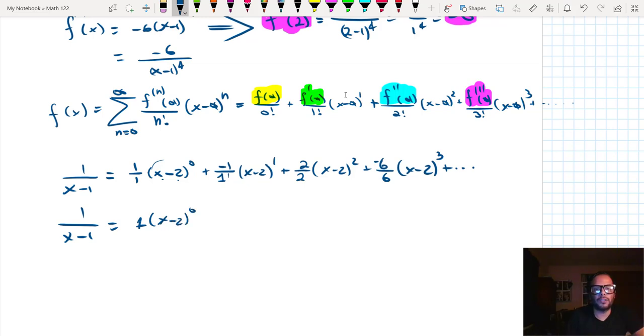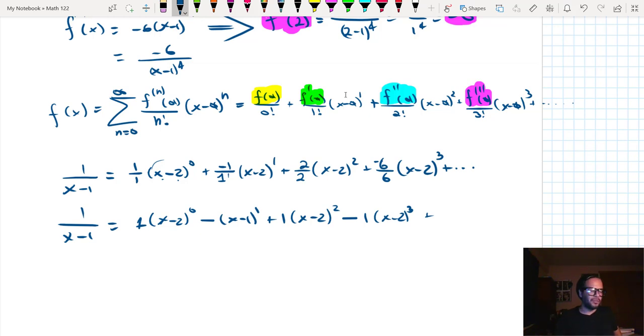And then this will be minus 1 times x minus 2 to the first, plus 1 times x minus 2 to the second, minus 6 over 6, which is 1, times x minus 2 to the third. And if we continue this pattern, we are going to have plus, minus, etc., etc.